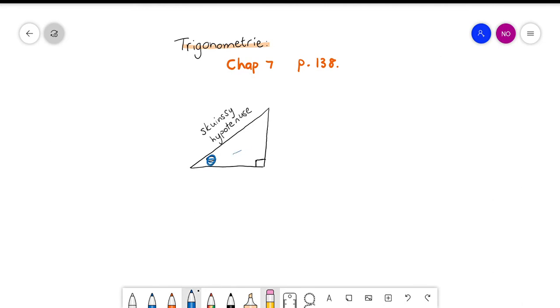Can you guys remember, what do we call this side? It's the opposite side, nee? Die oorstaande. And what do we call this one?